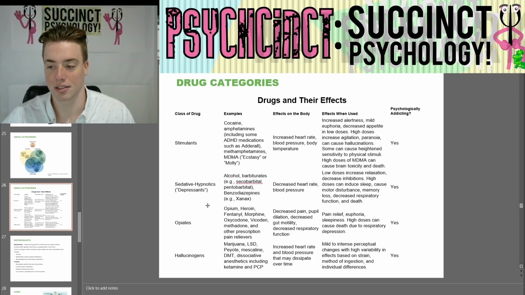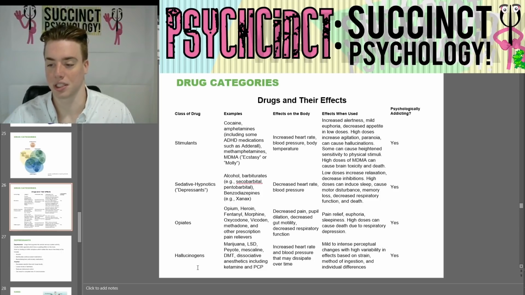Next, you have opiates such as opium, heroin, fentanyl, morphine, and these cause decreased pain, pupil dilation, decreased gut motility, decreased respiratory function, and effects when used are pain relief, euphoria, sleepiness. High doses can cause death due to respiratory depression.